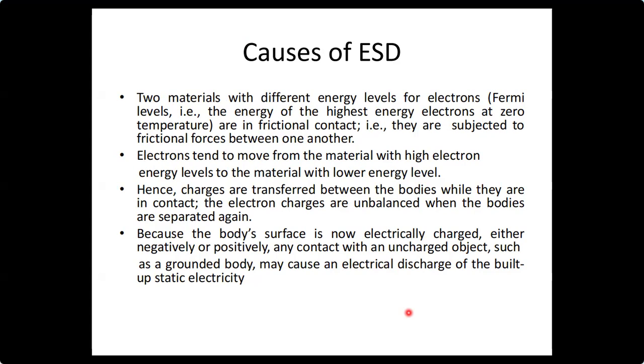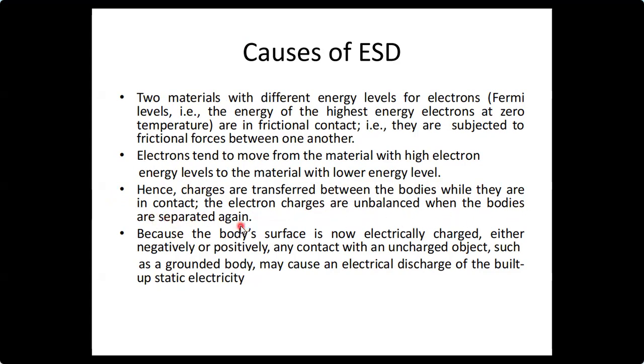The electrons always tend to move from the material with a high electron energy level to the material with a lower energy level, because they are subject to frictional forces between one another. The charges are transferred between the bodies while they are in contact, and the electron charges are unbalanced when the bodies are separated.